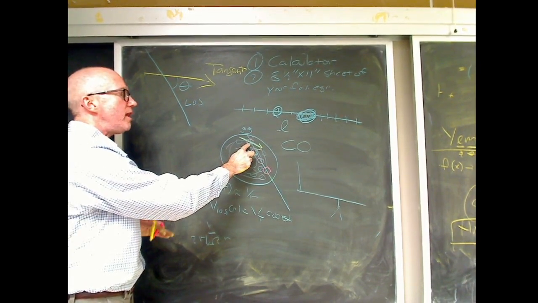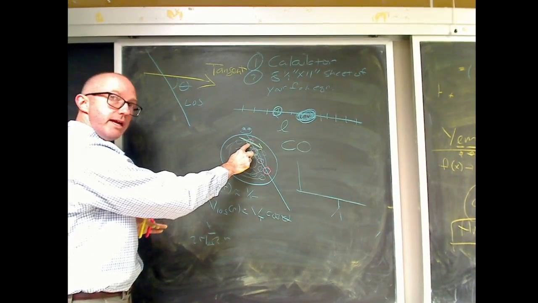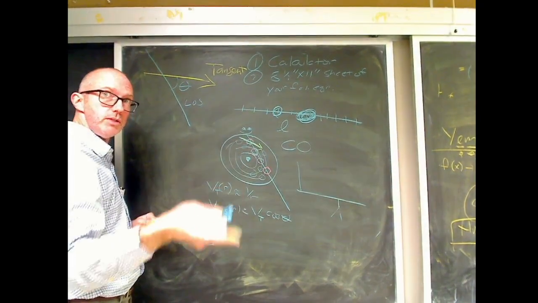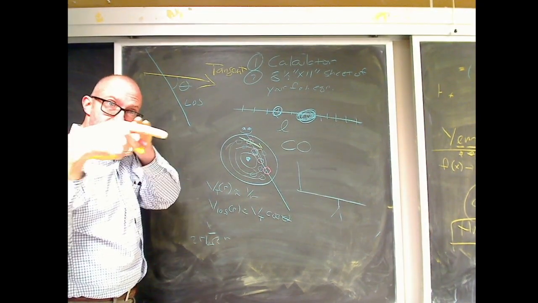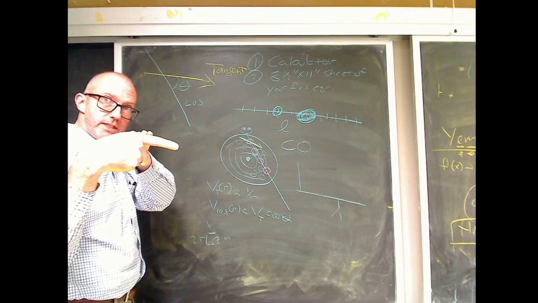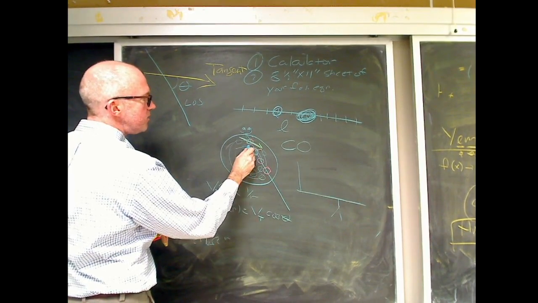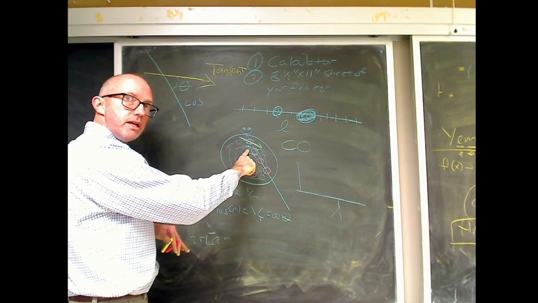So the velocity I measure is its circular velocity times the cosine of the angle between its velocity and where I'm looking. If I'm looking at it and it's perpendicular to me, I'm going to measure a velocity of 0. If I look straight in toward the center at this cloud, I get a velocity of 0 because it's not along the line of sight.